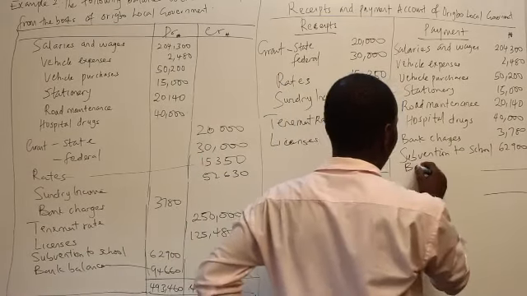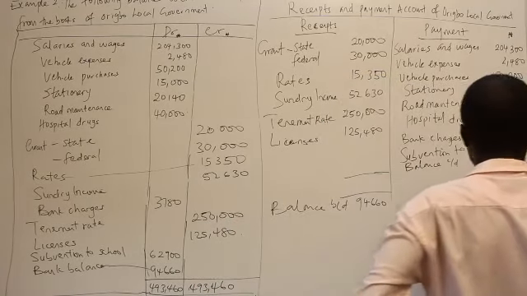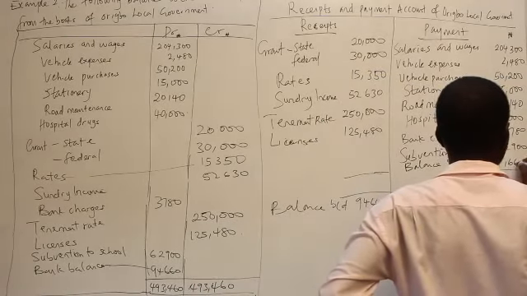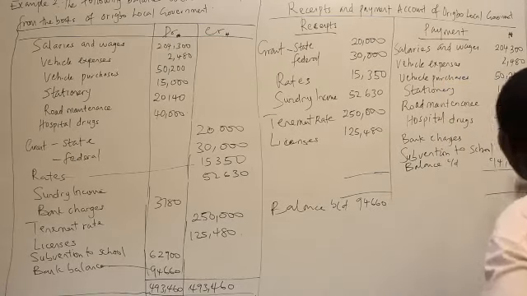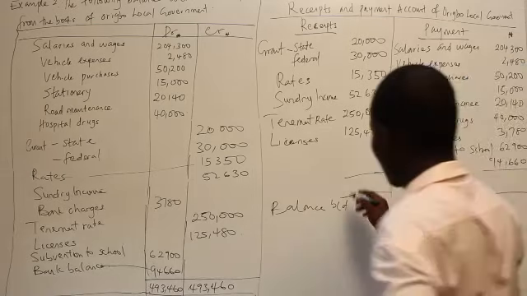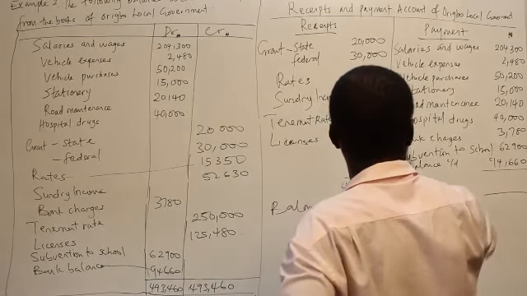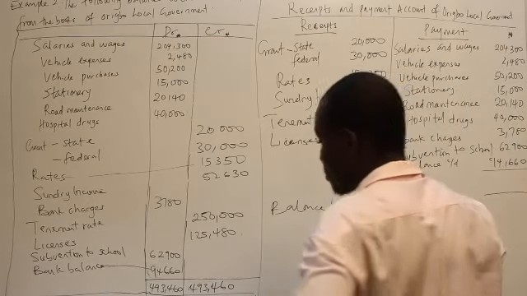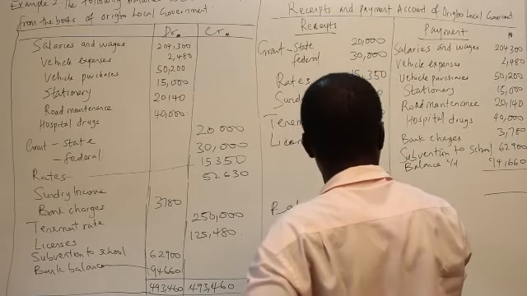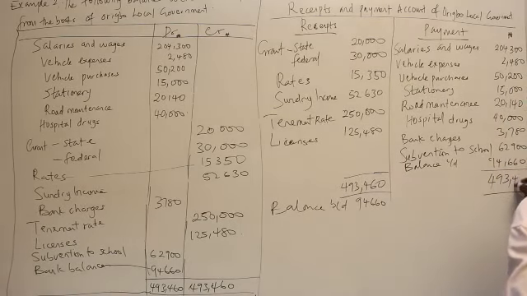So carry down will be here, which is 94,660. So if we add everything together, we're going to have the balance, which is 493,460.